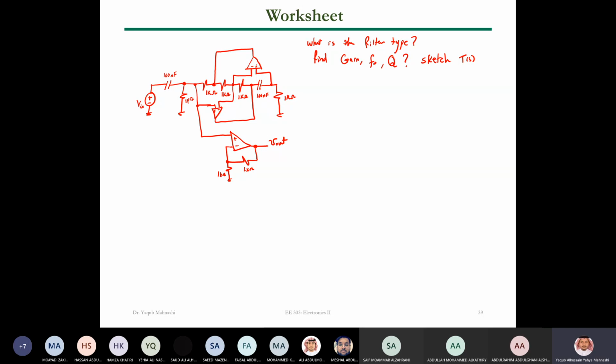What is this filter, guys? What do you think? I'll pause for a few seconds, maybe 30 seconds. Think about it.